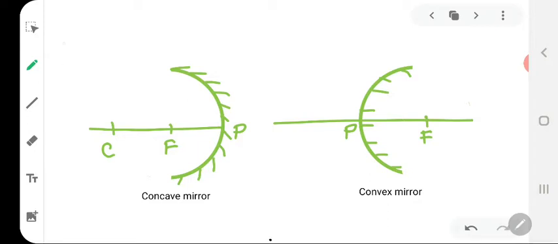Let's move to the second one. Again, any ray of light which is passing through the focus or is directed towards the focus.